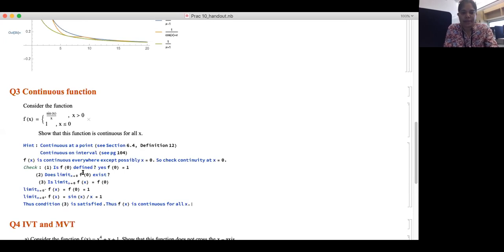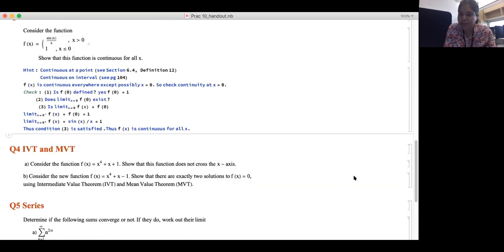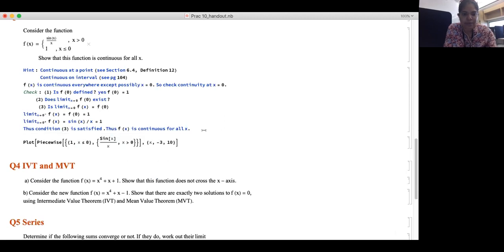All right. Any question? Okay, if you want to see this function, you can plot it and see whether there is a discontinuity or not. In your quiz, you don't have to plot the functions in Mathematica, but handwritten calculation should be all right.